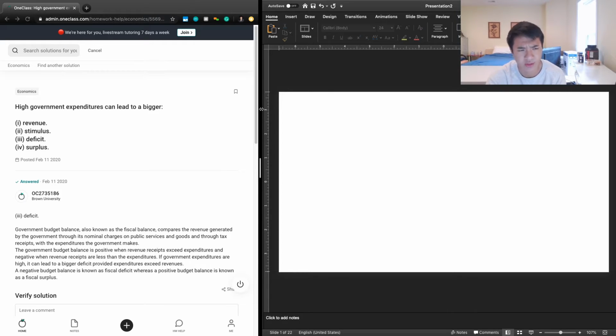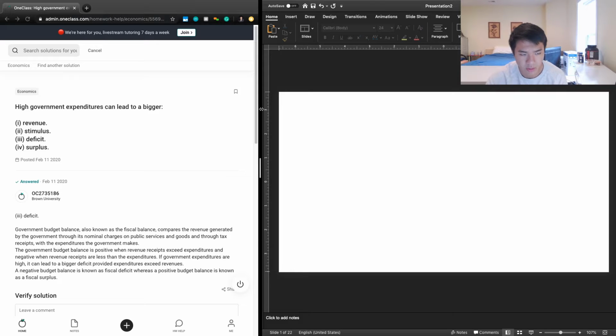So the first question we're working with today says, high government expenditures can lead to a bigger which one of the following? Revenue for number one, stimulus for number two, deficit for number three, and surplus for number four. Looking at the answer choices, we can eliminate some of them.